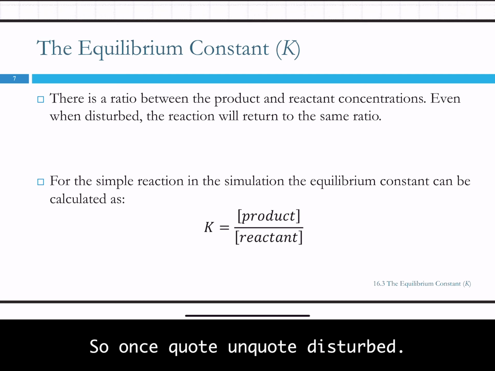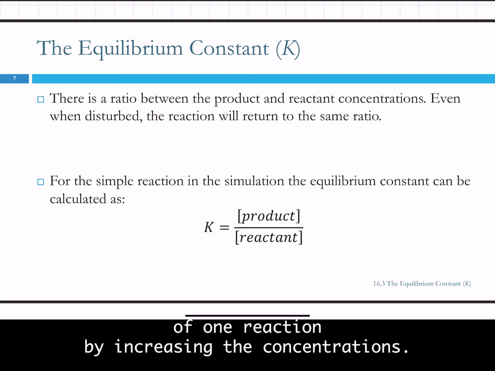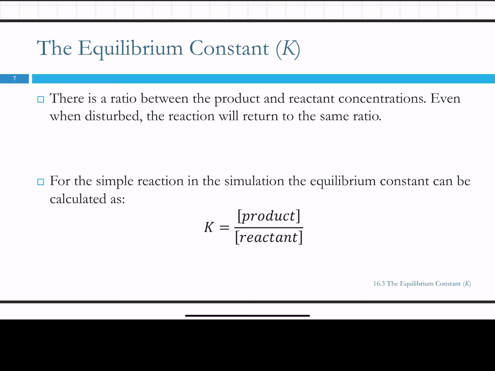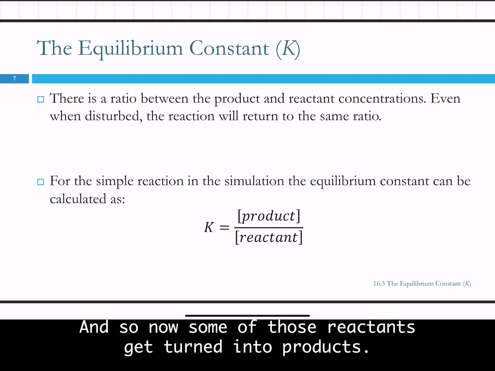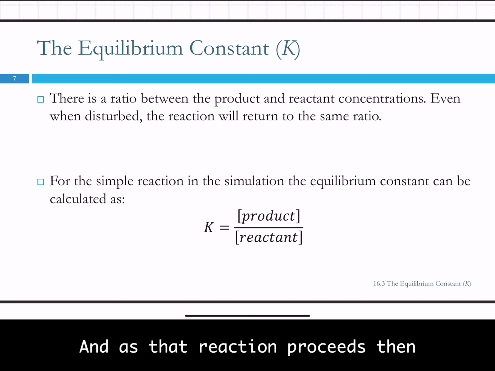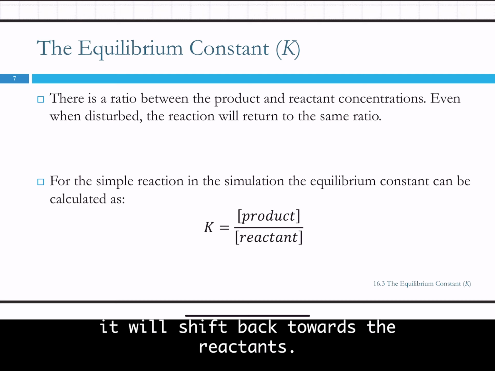So once, quote unquote, disturbed, I've now increased the rate of one reaction by increasing the concentrations. And so that reaction is now too fast. And so now some of those reactants get turned into products, or I could disturb the products. And as that reaction proceeds, then it will shift back towards the reactants.